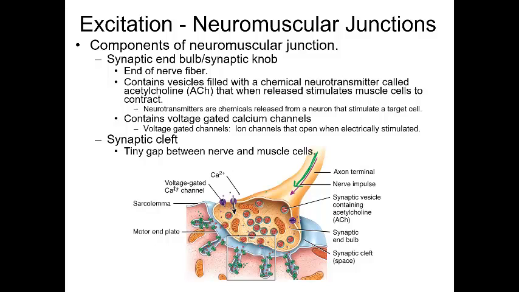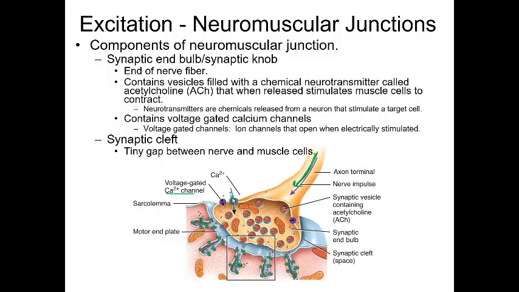So as the action potential reaches the synaptic end bulb, calcium channels are opened up. These purple channels right here are the calcium channels. As calcium channels are opened up, calcium flows into the synaptic end bulb.